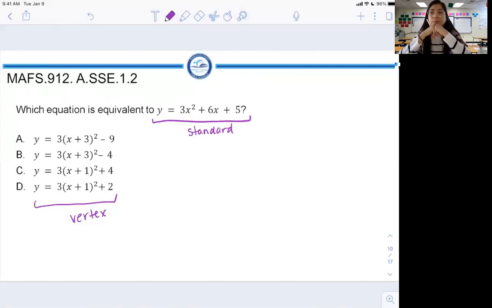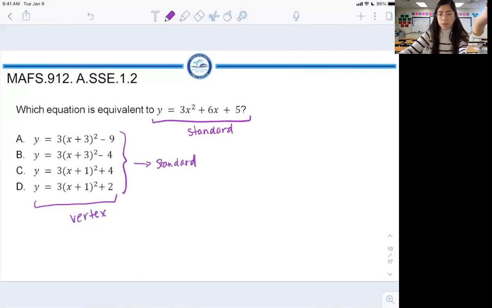That could be, so let me ask you this. If you're taking this test, obviously you can do whatever you want, but if you see all of these answer choices, do you think it makes sense to try to turn all of those into standard form? So do that 4 times, or would it make more sense to turn the standard form one into vertex form?